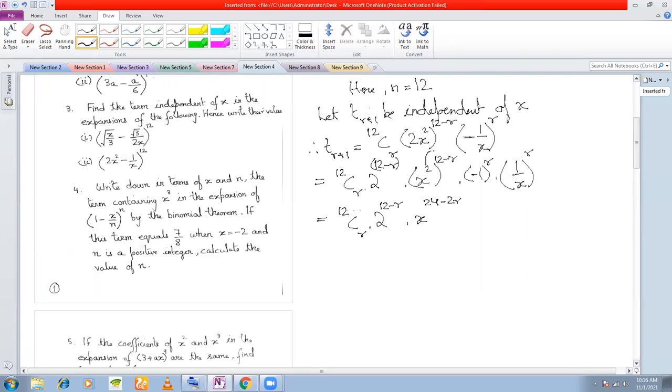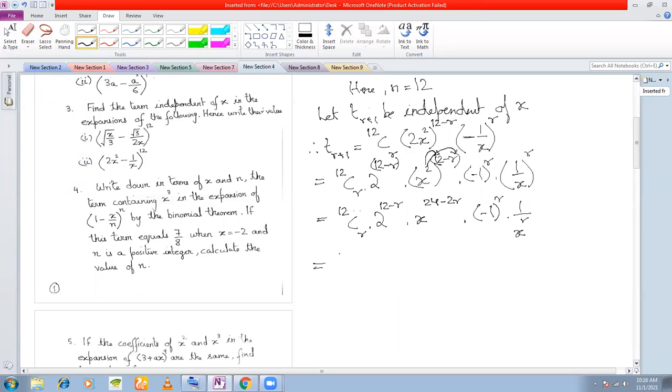Remember to multiply 2 not only with this 12 but also with this r, because 2 is multiplied by this entire expression (12 − r). Now we are in a position to separate the x.